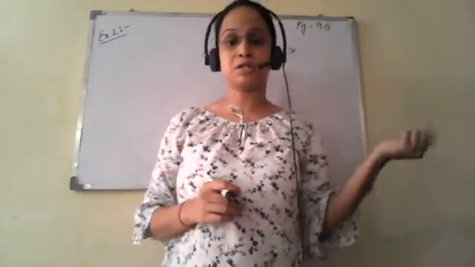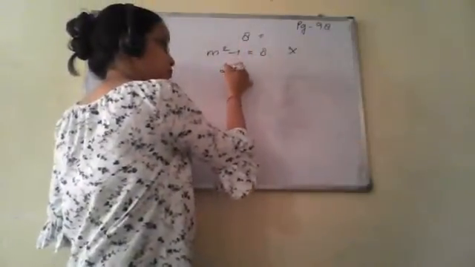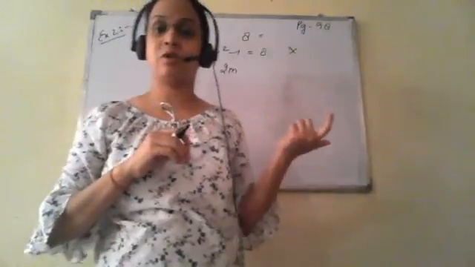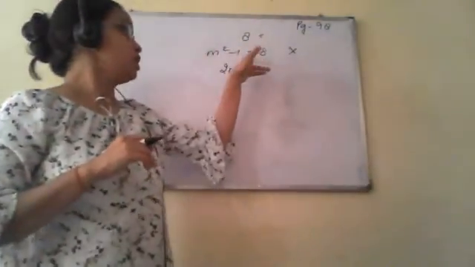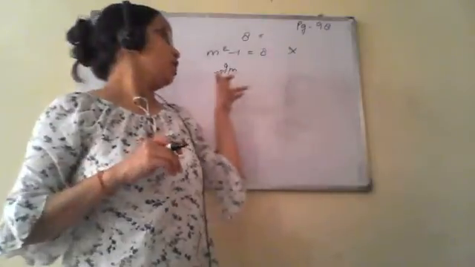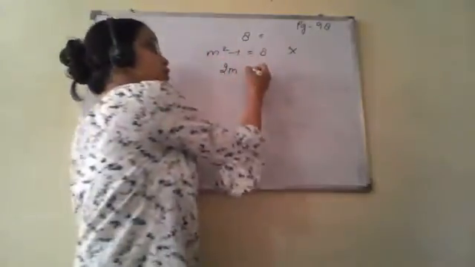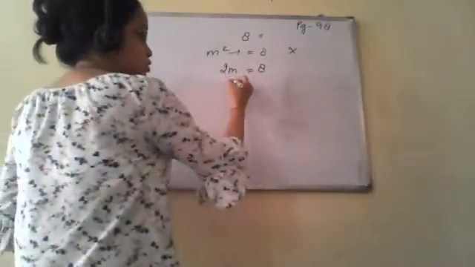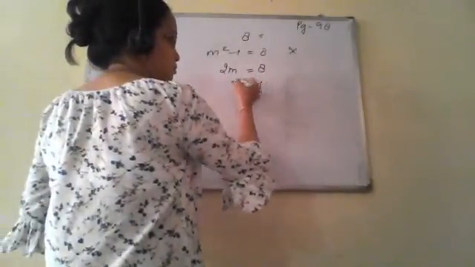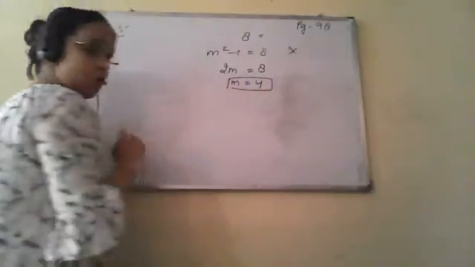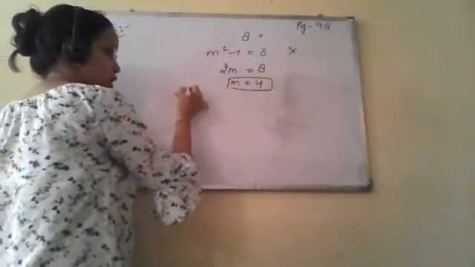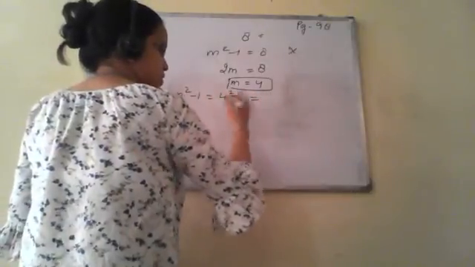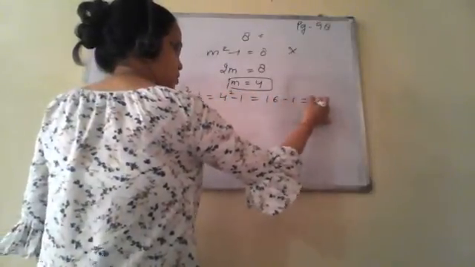So the next smallest number is 2m. I have told you either 2m or m square minus 1 will be the smallest number. So we have tested with m square minus 1, that was coming wrong, and we'll take 2m equals 8. Clear? So from here m will come 4. Okay. Now m square minus 1 will be 4 square minus 1, that is 16 minus 1, 15.